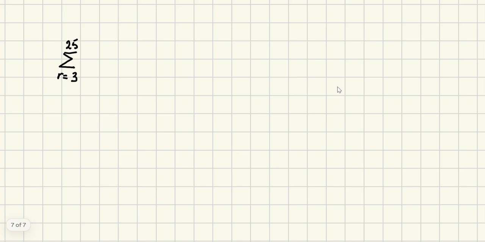And sometimes starting at 3 and going up to 25 of whatever this function is the same as starting at 1 and going to 22 of a different function that might be easier to work out. All right, so a little note there.